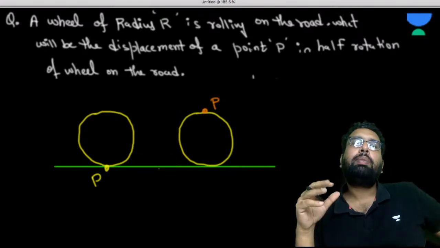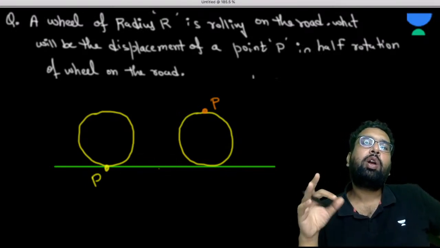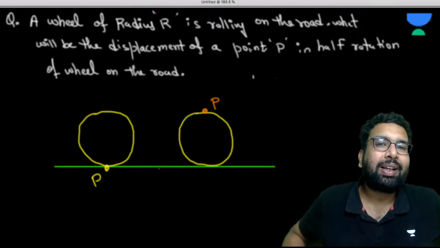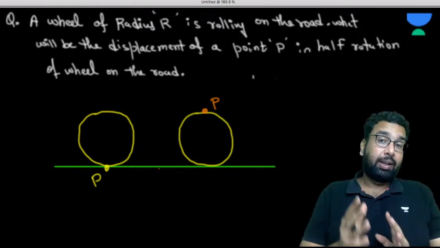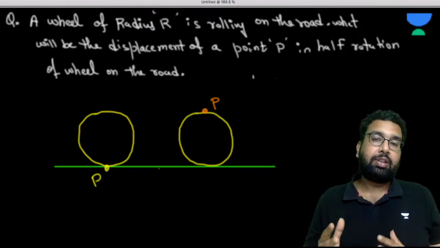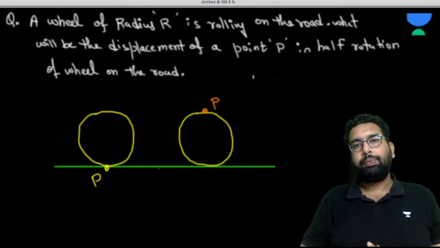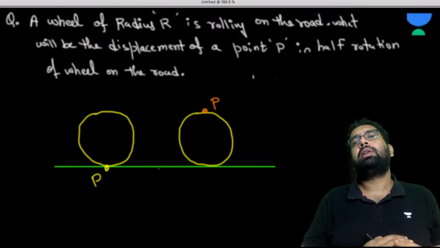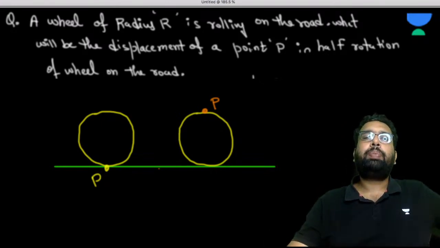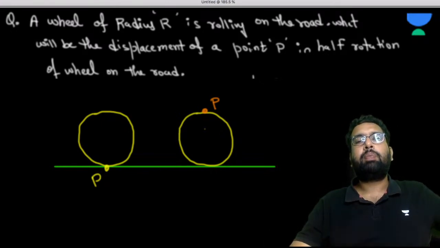Rolling means something is moving forward also, and it is rotating also. Rolling is basically to some extent translation and rotation.